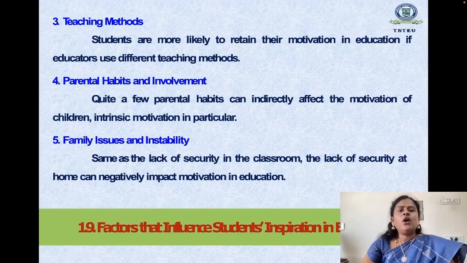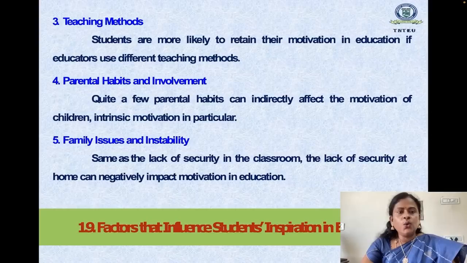Same as the lack of security in the classroom, the lack of security at home can negatively impact motivation in education. Children who live with both parents on average get better grades than children who don't. Family conflicts and disruption can result in poor academic performance.